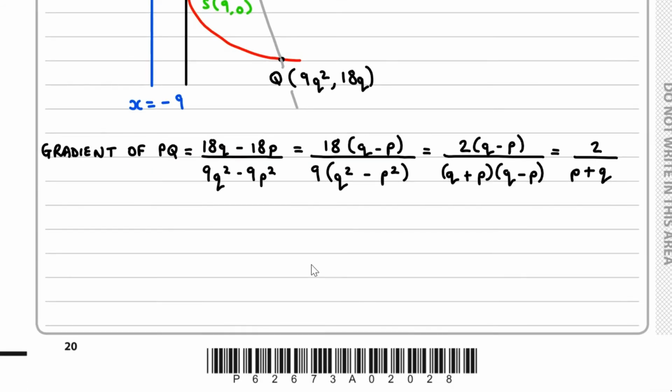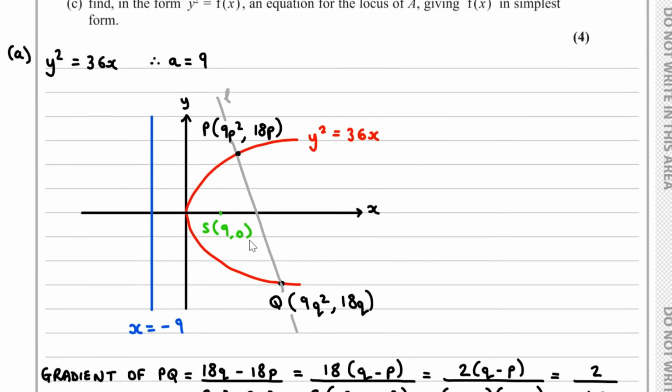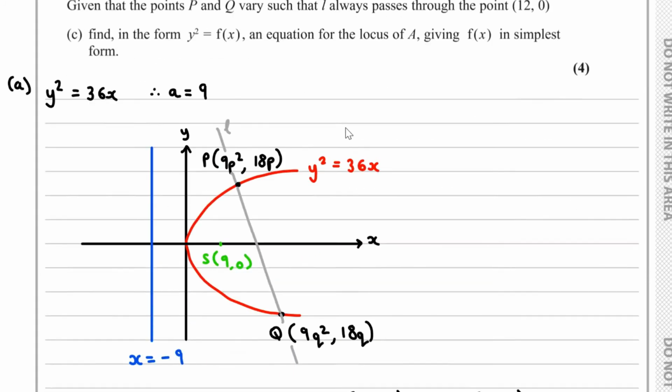And using y minus y1 equals m lots of x minus x1, what we can do is find the equation of line L. So for line L, we've got y minus 18p equal to the gradient, which is 2 over p plus q, lots of x minus 9p squared. And now we just need to tidy all of this up to show the result as we see here.